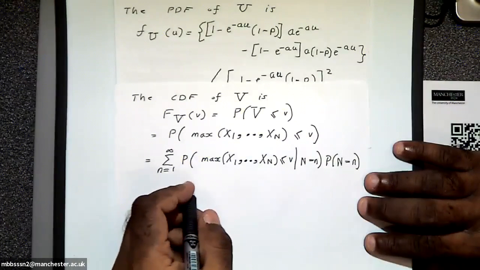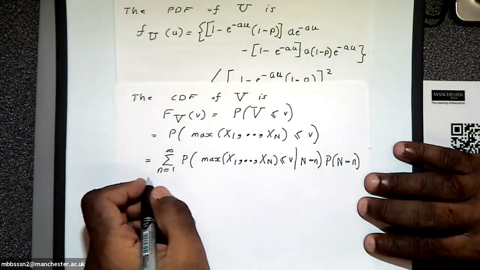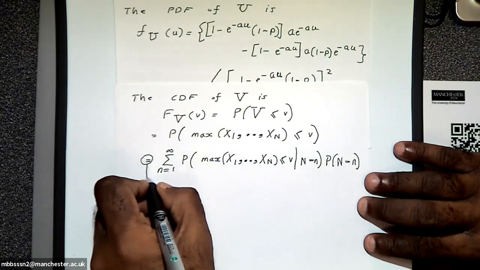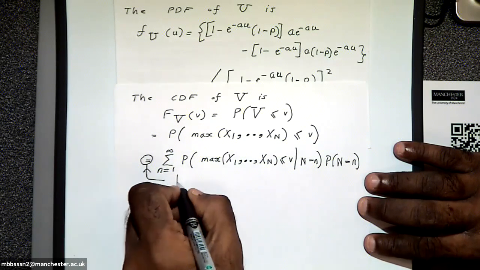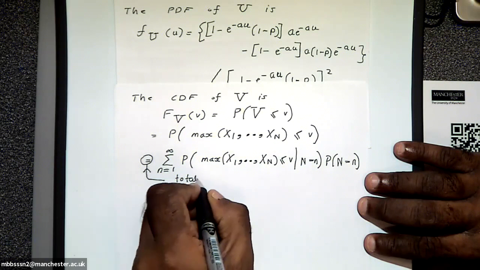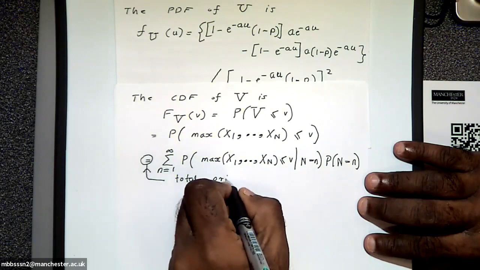So once again, this is the total probability rule.